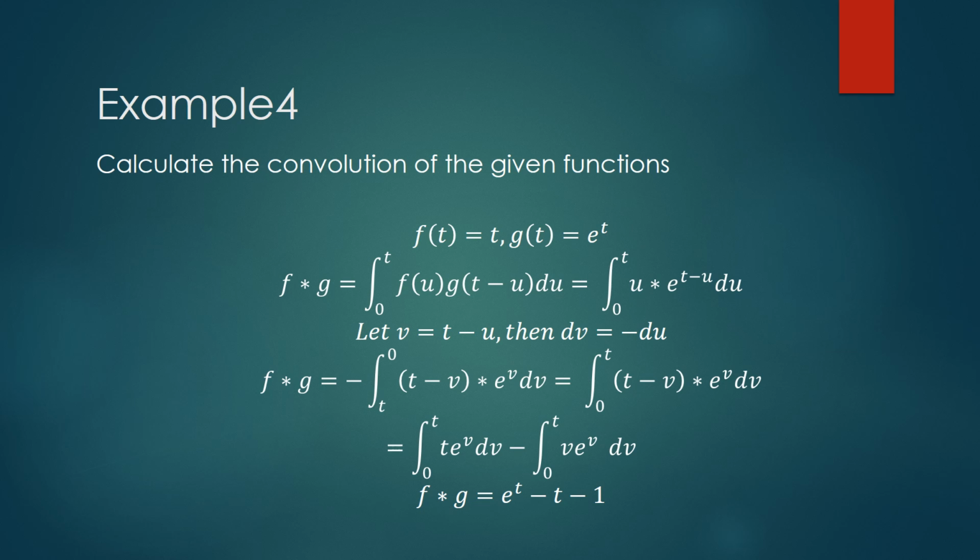One is the integral from 0 to t of t times e to the v dv, and the other part is negative integral from 0 to t of v times e to the v dv. And solving the equation, f convolved with g equals e to the t minus t minus 1.